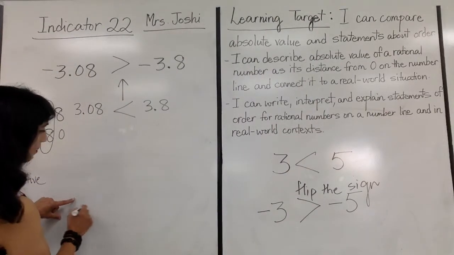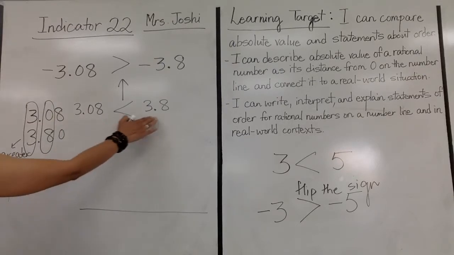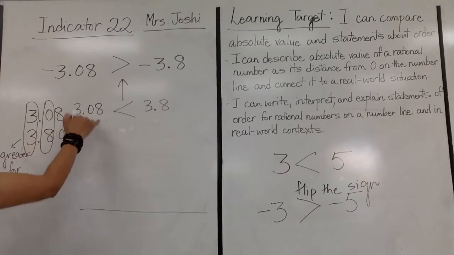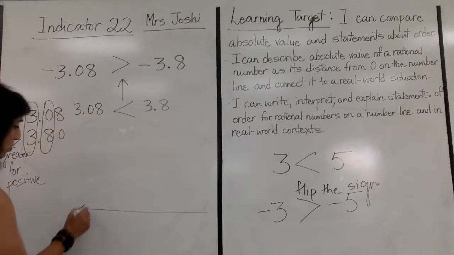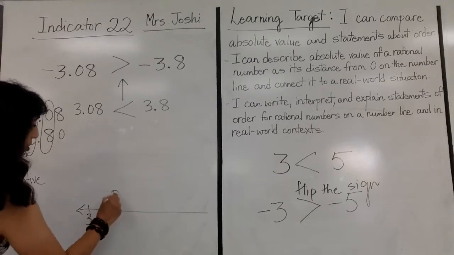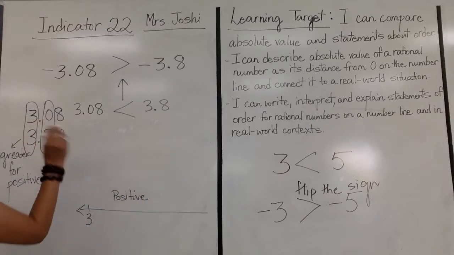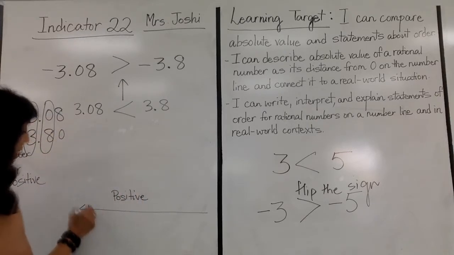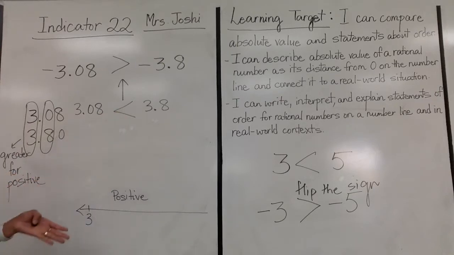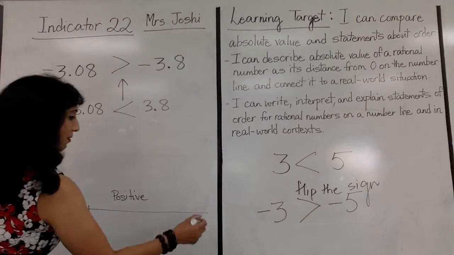Let's say I had positive numbers, okay? And I am saying that we have 3 and 8/10 and we have 3 and 800. So I'm just going to start this over here, 3. I'm talking about the positive numbers. I just want to show you why it flips. So this is 3. Since it's a decimal, each section is going to have 10 parts, okay? So 4 will be somewhere here.